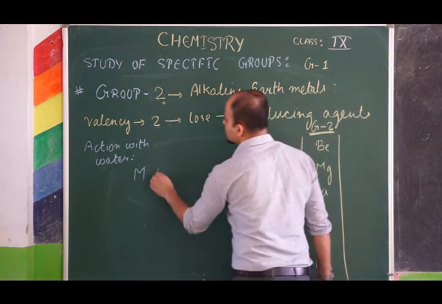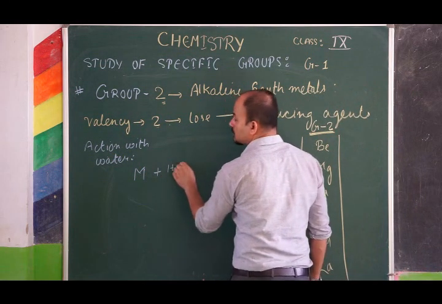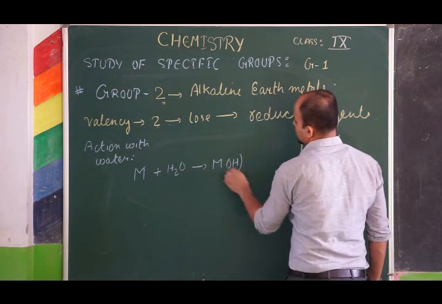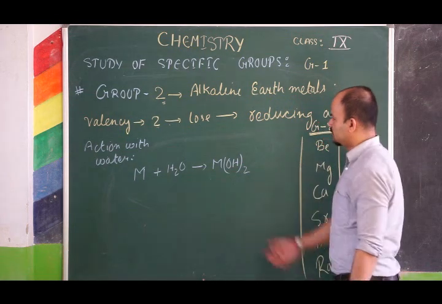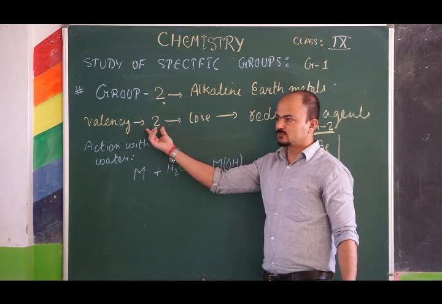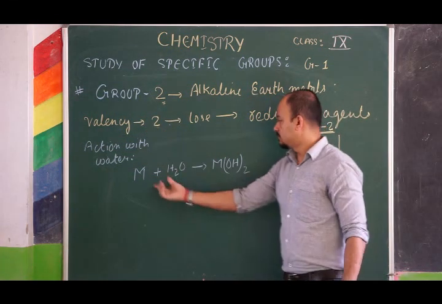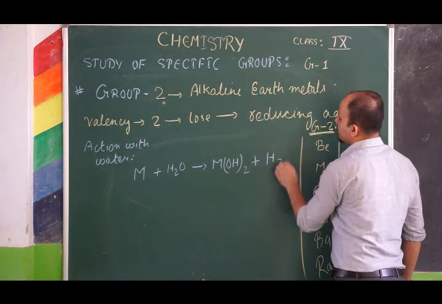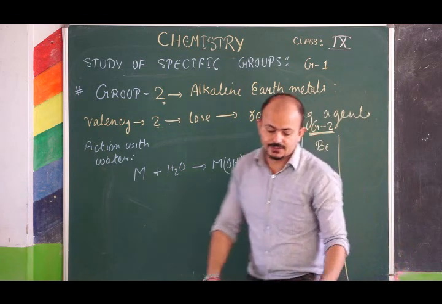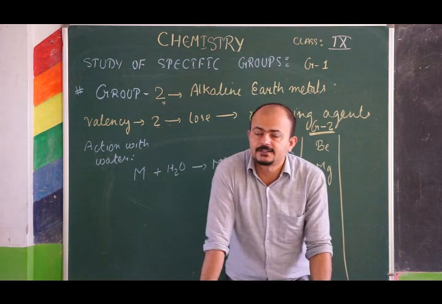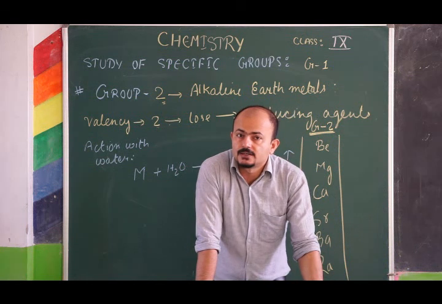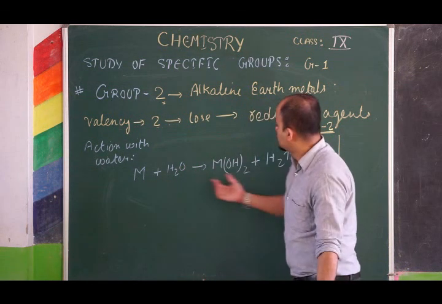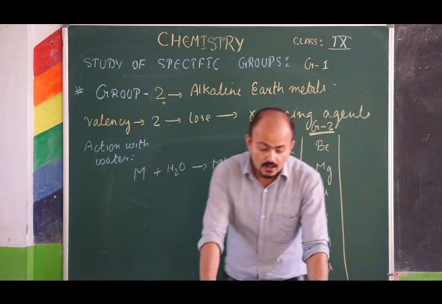Whenever it reacts with water, it forms metal hydroxide, and here it is M(OH) whole twice. Why? The valency of group 2 element is 2, therefore crisscross while writing, and hydrogen gas is again liberated. The alkali and alkaline earth reactions are almost the same, but don't forget about the valency. Here in group 2, it has to be OH whole twice.